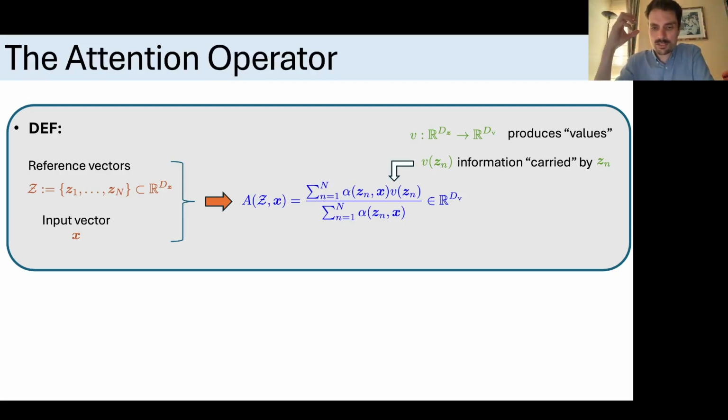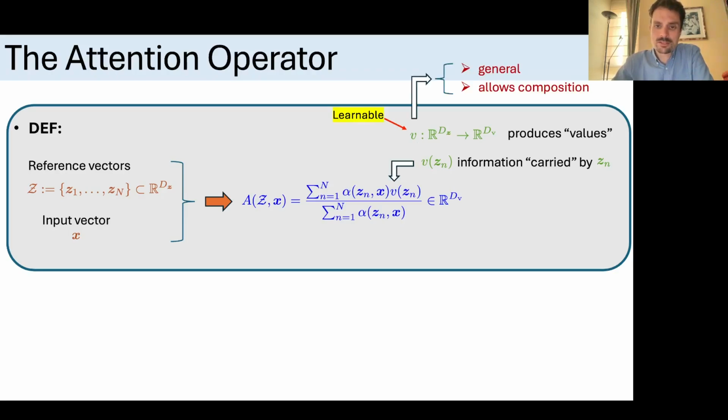The intuition here is that it encodes the information that zn carries. This function v is learnable, like the other two, and it generalizes the y.